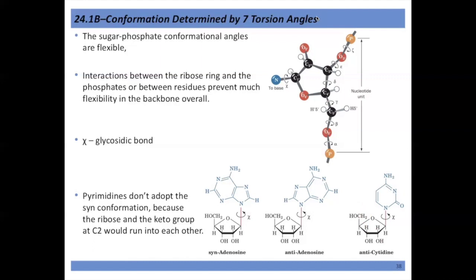We can rotate around that phosphate. The take-home message from this is you don't have to know all the Greek letters for these torsional angles. Just know that DNA has quite a bit of conformational mobility. And in order to get into a very organized double helix, we've got to restrict that mobility somewhat.